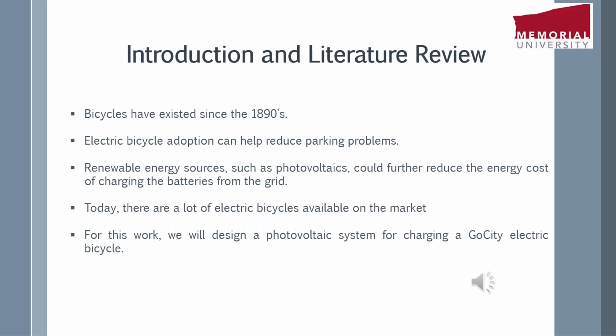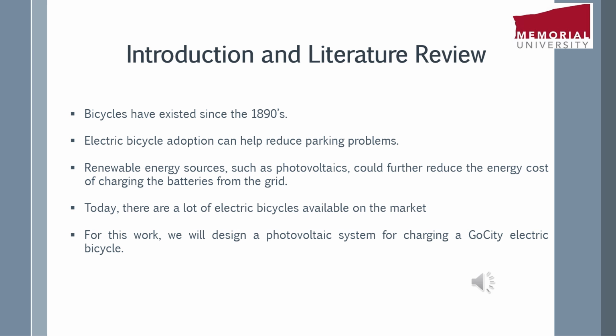Introduction and literature review. According to literature, bicycles have existed since the 1890s. The increasing awareness of the negative consequences of emissions requires community actions from individuals by reducing excessive energy consumption and adopting sustainable ways of living.